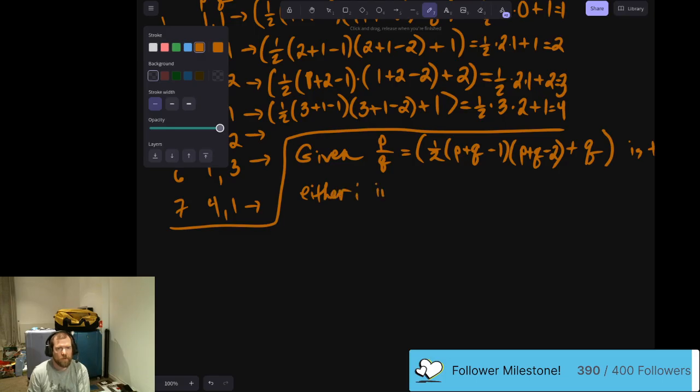Either we increment within the partitioning or the arrangement, however we want to call it.